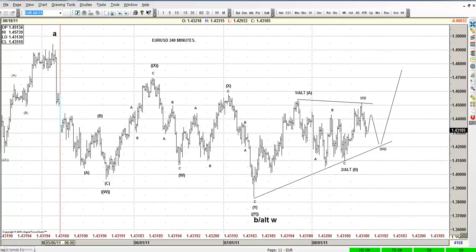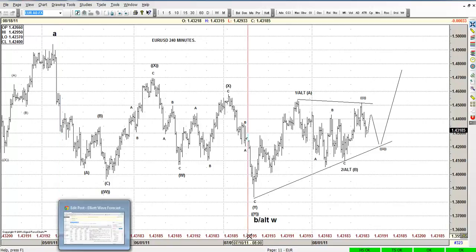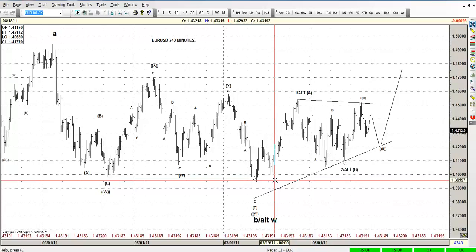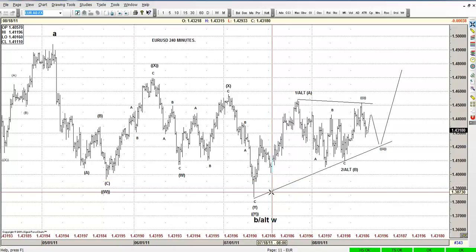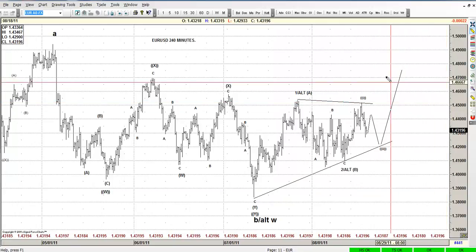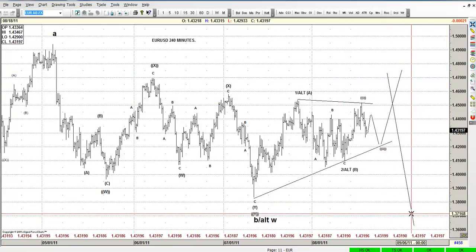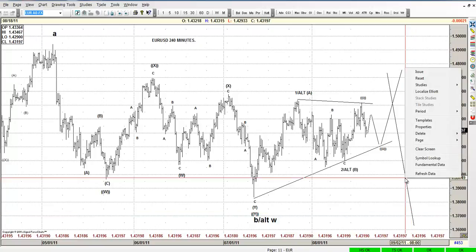So what we need there is technically more to the downside. So that's the less likely scenario, but it's also possible. If it's going to be a bearish scenario on the euro, I believe it's going to be a move higher to around 147 and then lower. That's the bearish scenario.